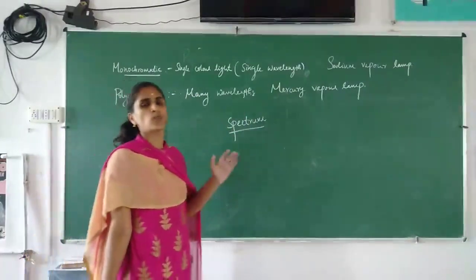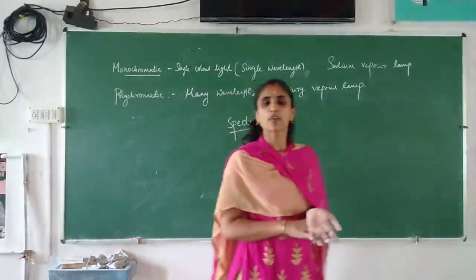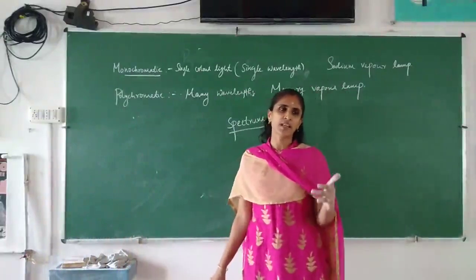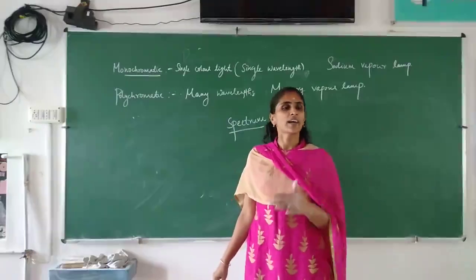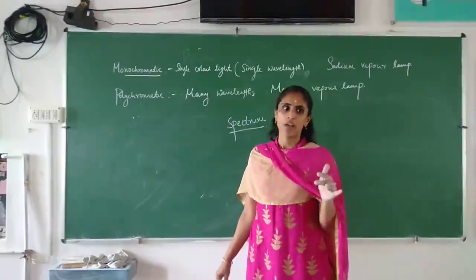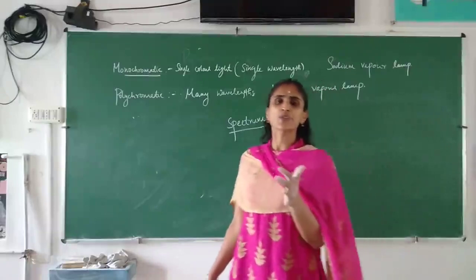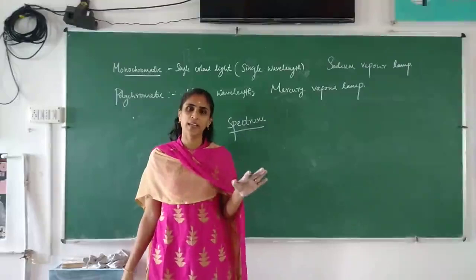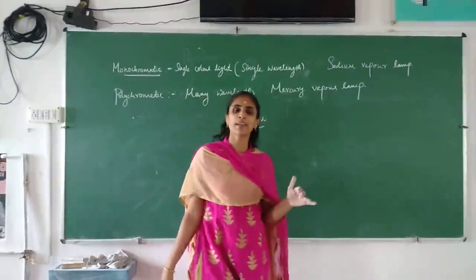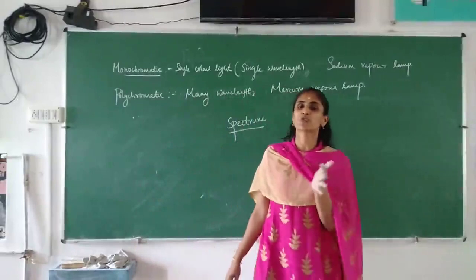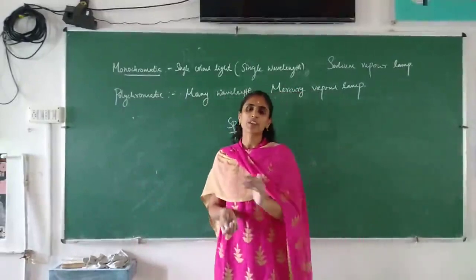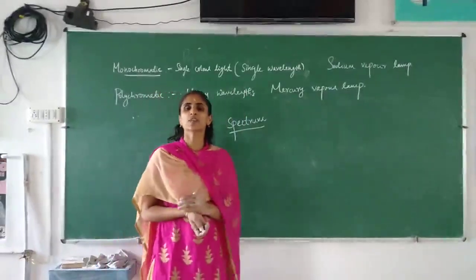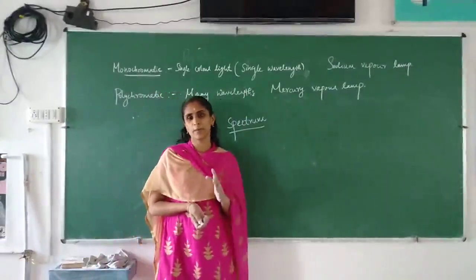Now we will discuss why dispersion happens. What is the cause of dispersion? Here you have already seen that the deviation produced by violet light is more and red light is least. In air, all colors of light travel with the same speed. But when passing through a dispersive medium like a prism, different colors travel with different speeds.